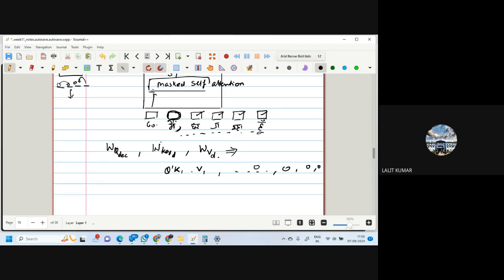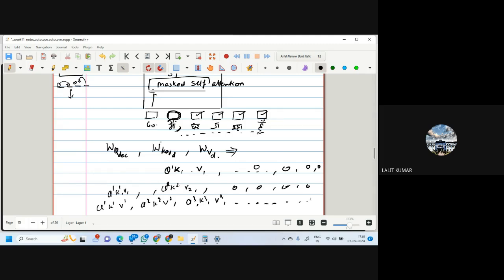In the second step, I should be using only Q2, K2, V2 and Q1, K1, V1; rest all should be 0. As I keep going forward, I keep using Q1, K1, V1, Q2, K2, V2, Q3, K3, V3, and rest all 0.